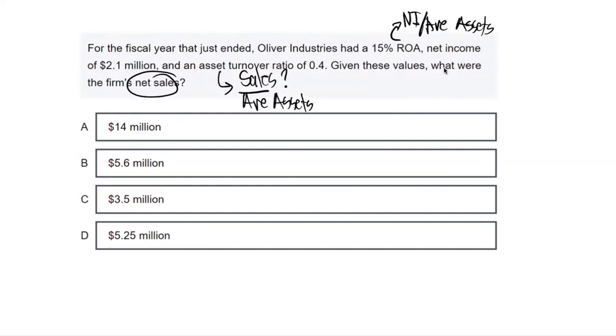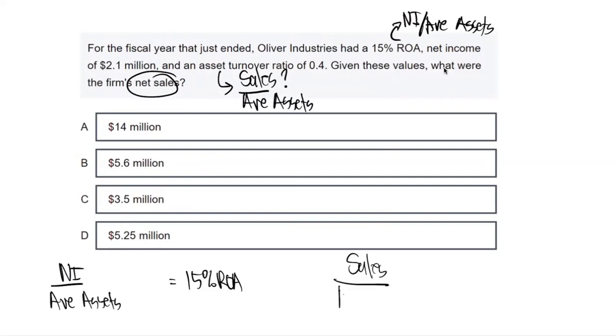So, alam natin na net income divided by average assets is equal to ROA of 15%. And then, asset turnover ratio is sales divided by average assets. It's equal to 0.4.